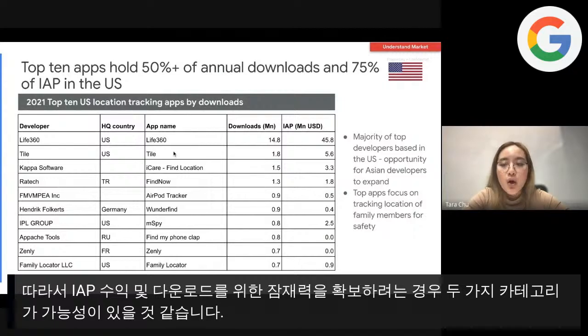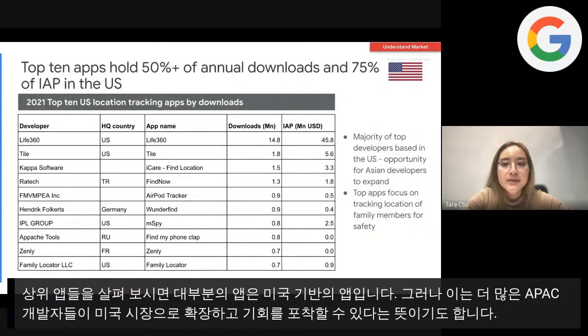So what are the sub verticals, operating systems and also countries? Now here's a top list of top apps, which covers my point earlier: the majority of top developers are actually US based. There's still opportunity for Asian developers from APAC.